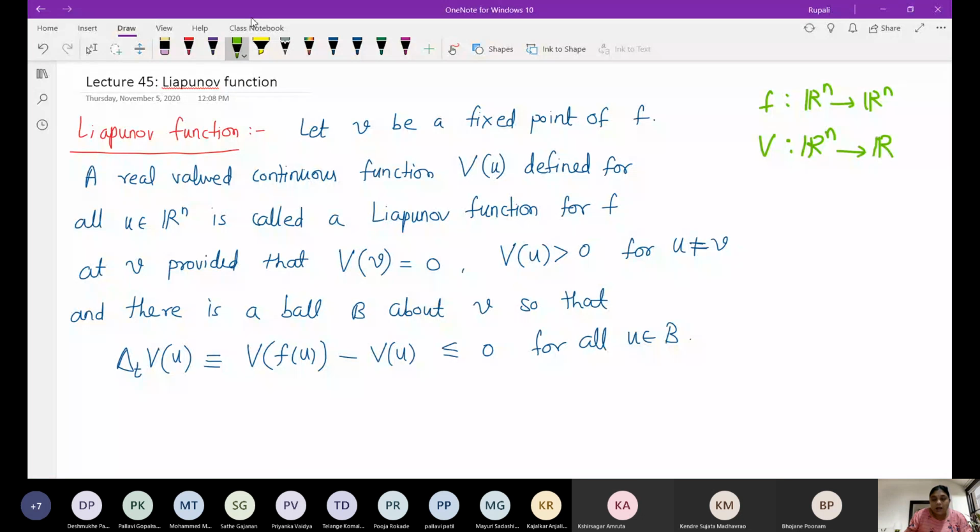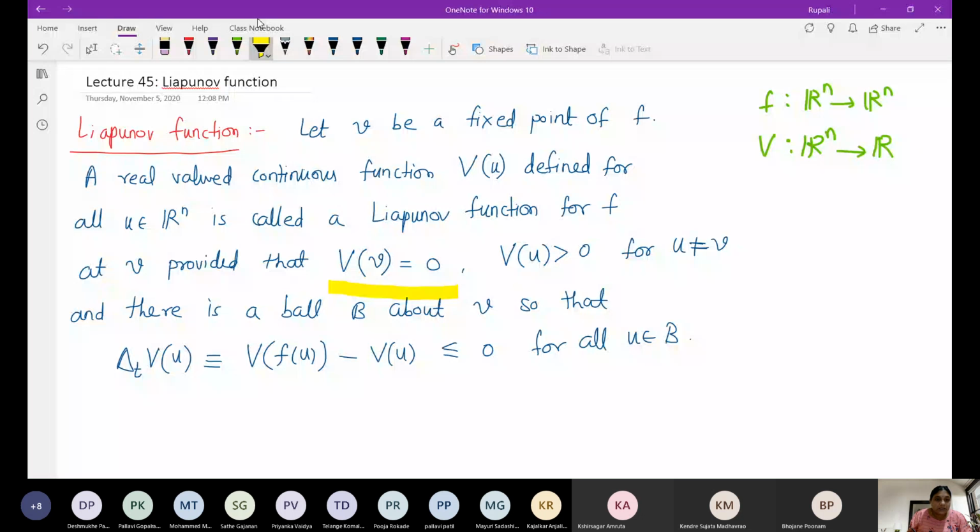Okay. So this capital V is called a Liapunov function for f at v, provided that capital V at v is equal to 0, meaning the function vanishes at that fixed point, and at the remaining points it is strictly greater than 0: V at u is strictly greater than 0 whenever u is not equal to v.